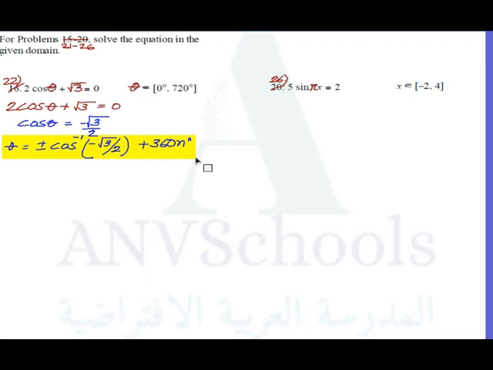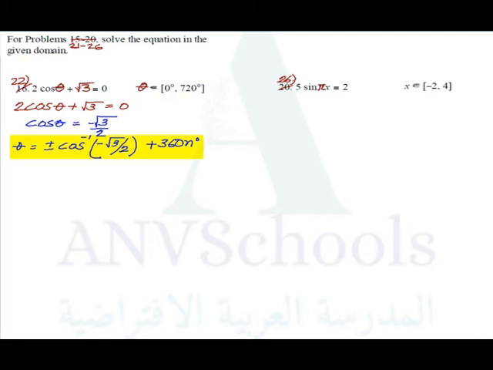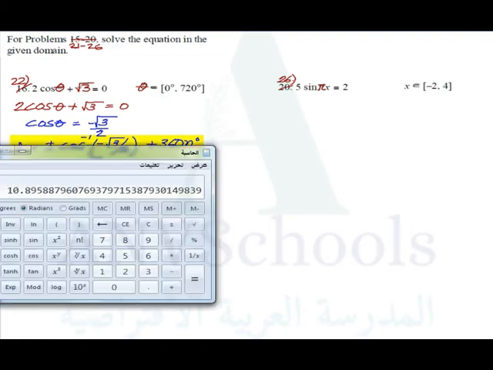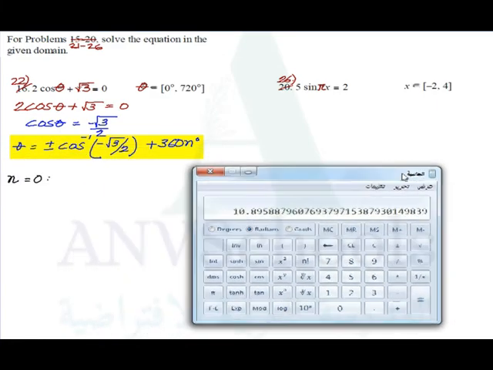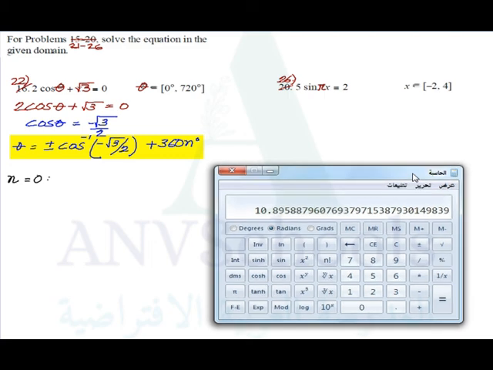So to find the solution then, when n is equal to 0, we will have positive or negative arccosine of negative square root of 3 over 2. Okay, let's do this. Now remember, we are in degrees.